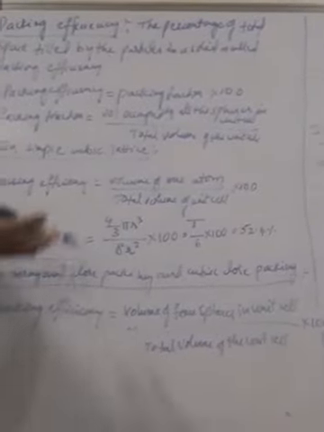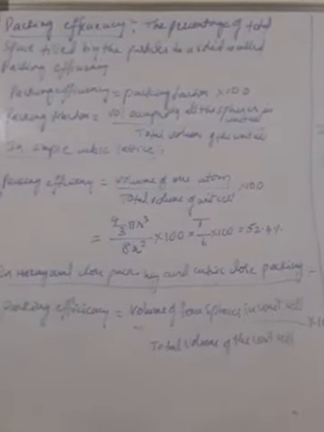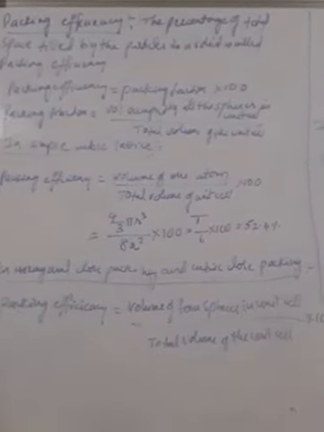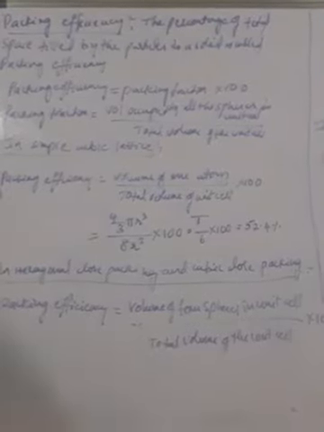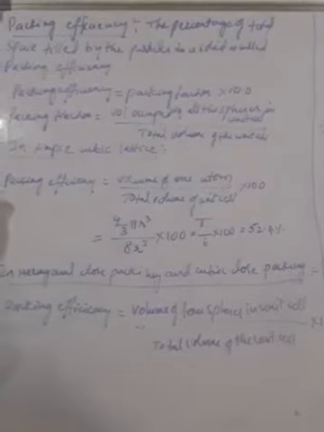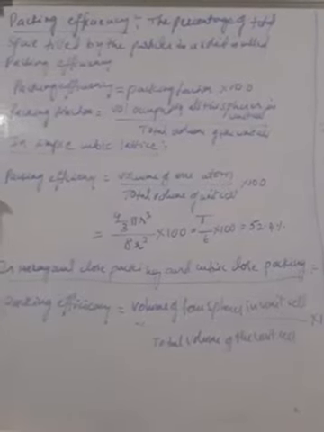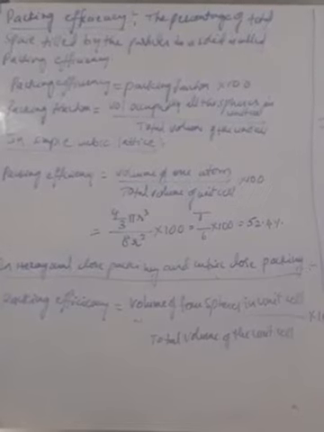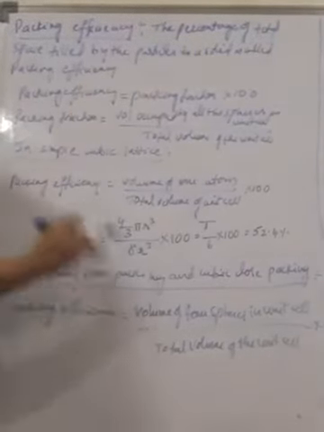In all these types, the volume occupied by the spheres, the percentage of total space occupied by the spheres, is called packing efficiency. Whatever volume is occupied by the spheres in a crystalline solid is called packing efficiency.